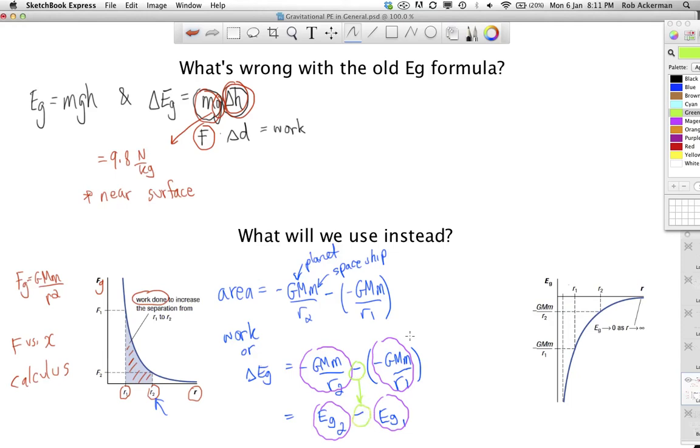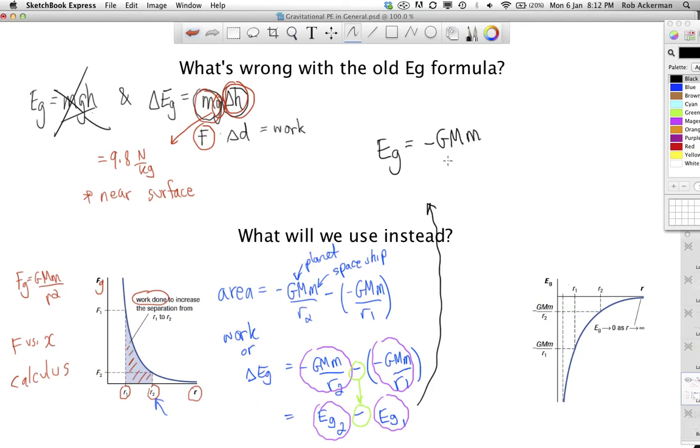So what have we figured out or borrowed from calculus? We've borrowed the idea that the new Eg is not mgh. That's old, that's done. The new Eg has a negative in front of it. It's got the universal gravitational constant. It's got a big M for, let's say, the planet that you're trying to move away from.